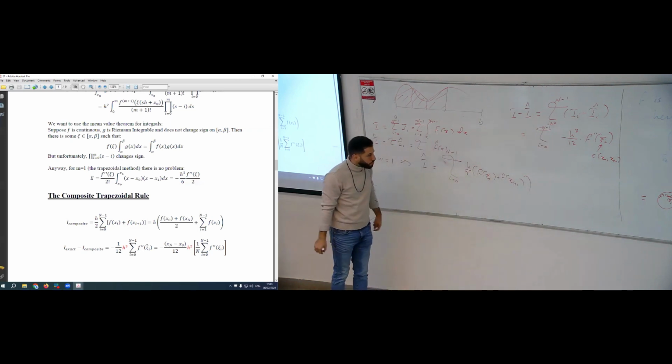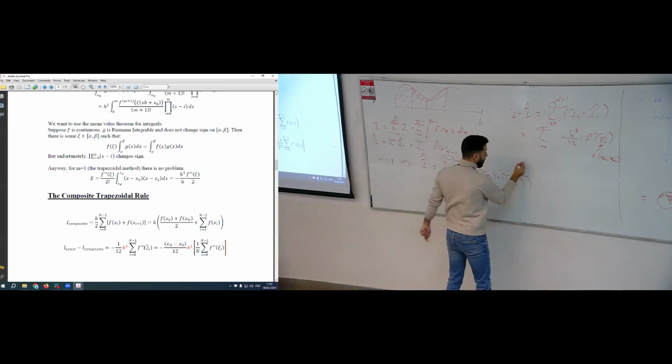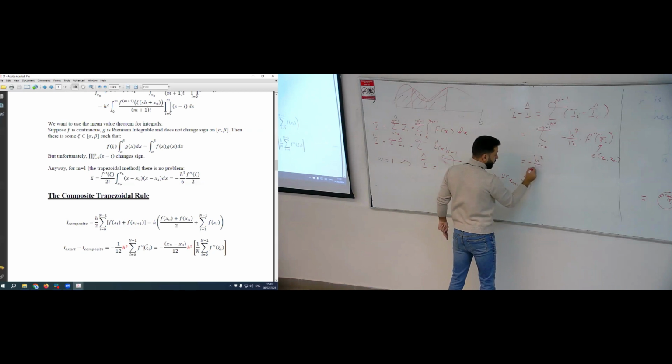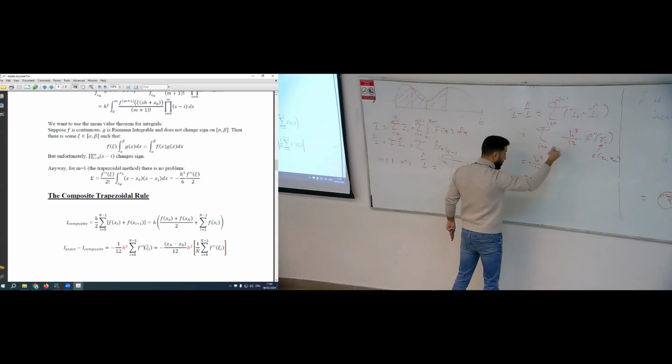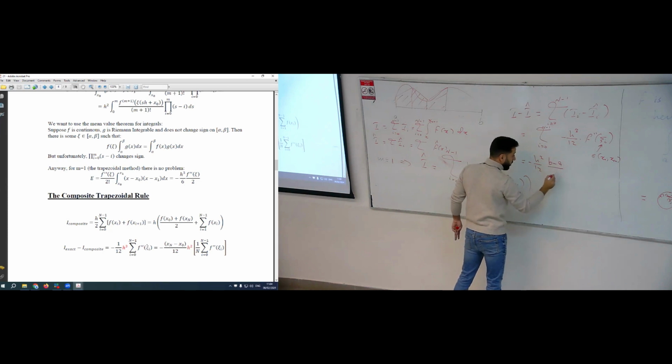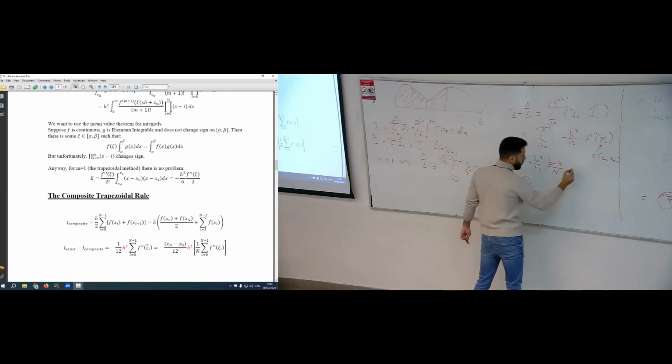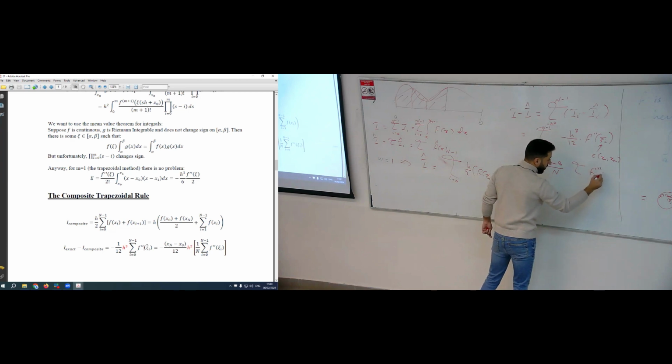And now I have minus h squared over 12 multiplied by h, because it's h cubed. So b minus a over n, that's h, times the sum of f double prime at psi i.